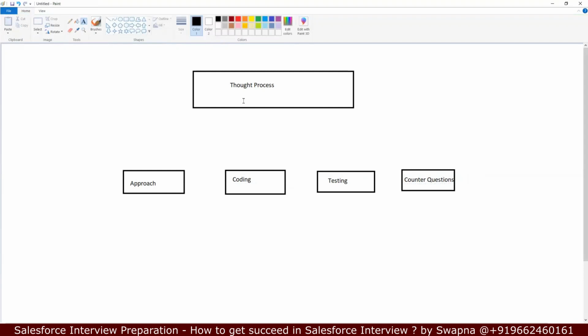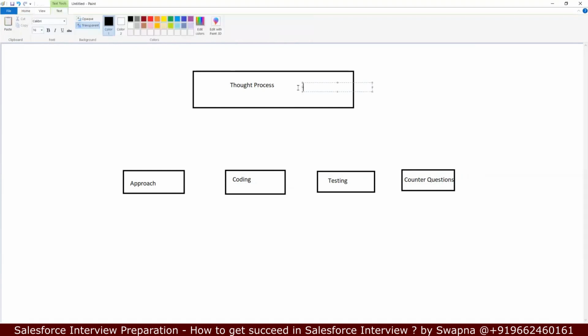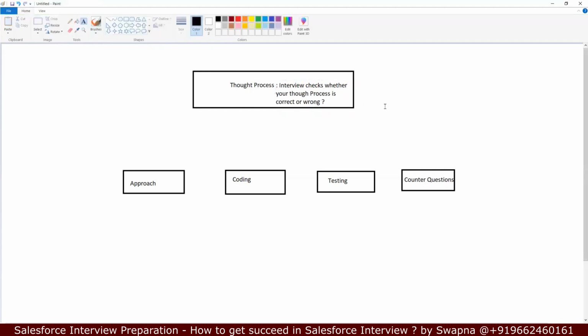So what is the thought process? What does it mean exactly? The interviewer checks, during your interview, whether your thought process is correct or wrong, whatever the scenario could be. How is your thought process?